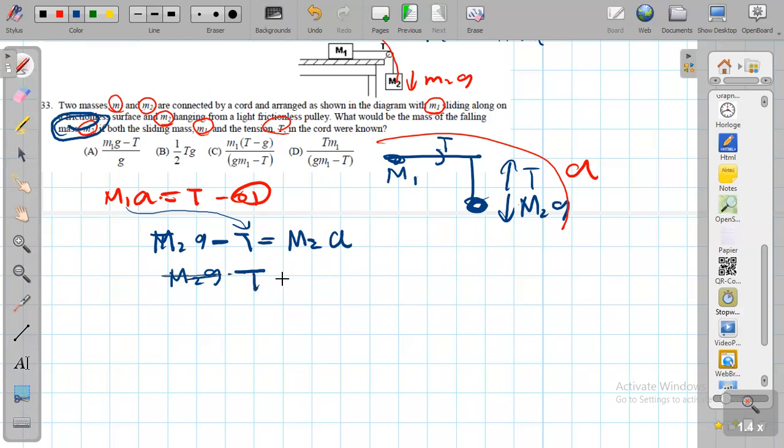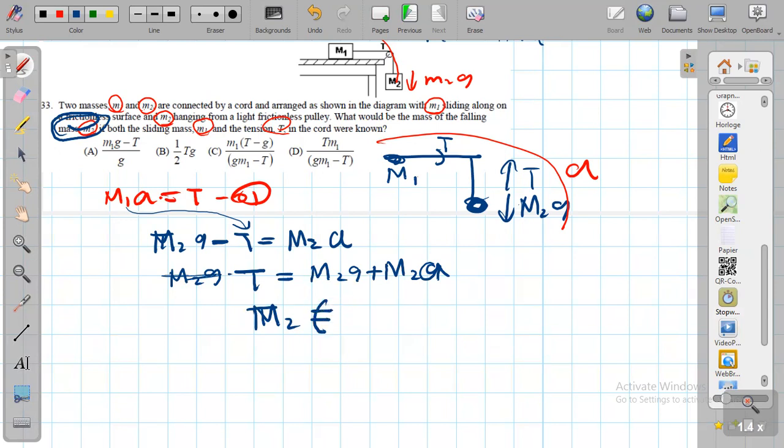Let me get tension from here. T equals M2G plus M2A. M2 equals what?